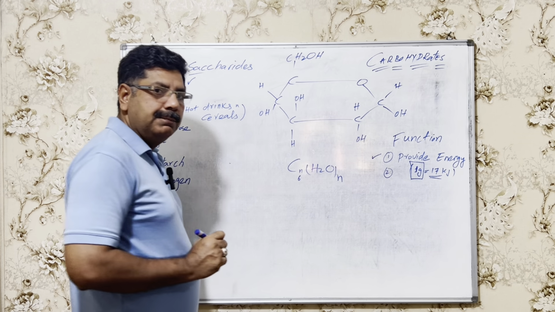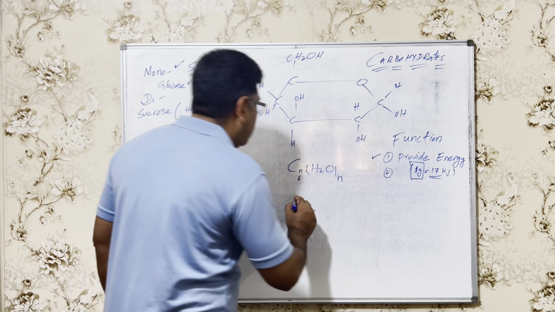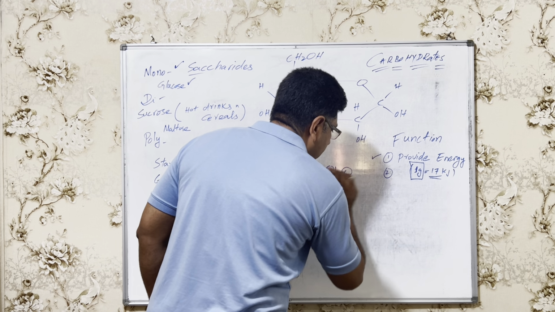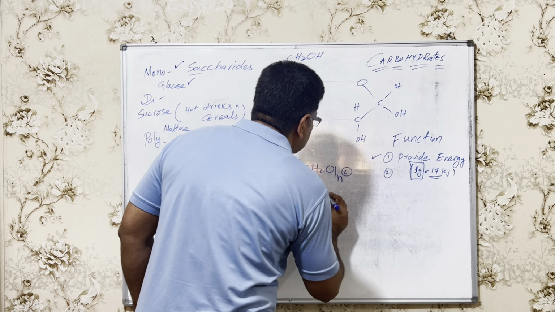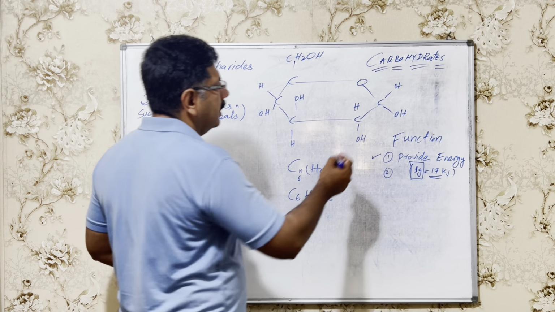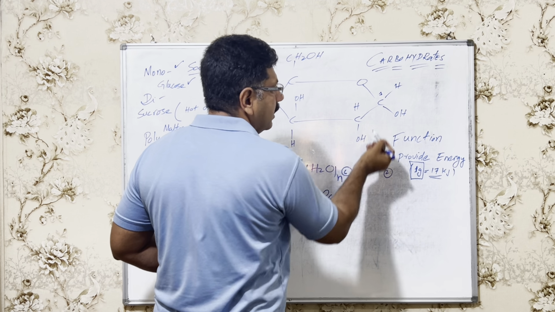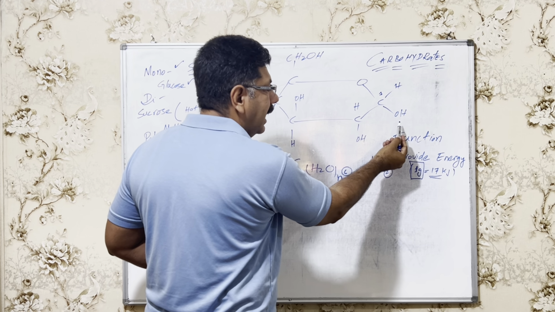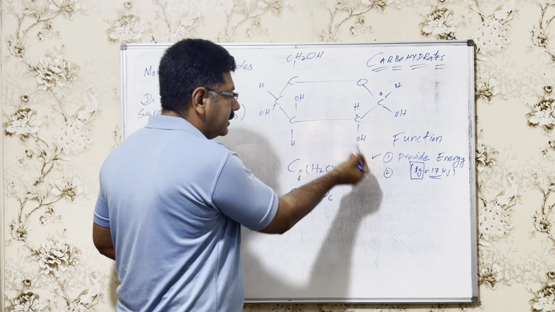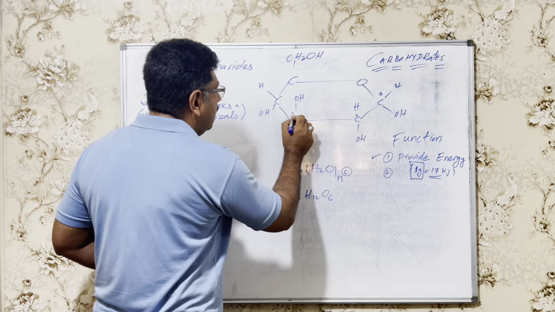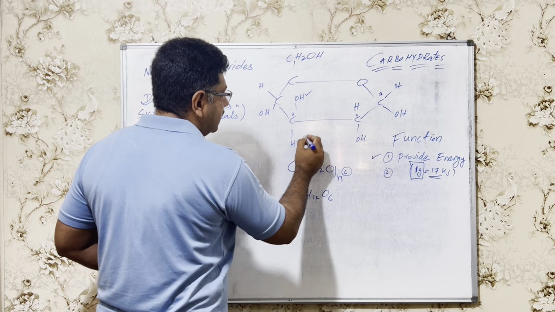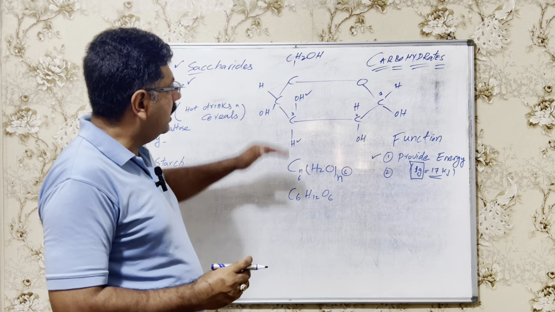So when there are 6 carbons, it is C6H12O6. Structurally, carbon number 1 has a hydrogen and hydroxyl bond. Carbon number 2, hydrogen and hydroxyl bond. Carbon number 3, the position of the hydroxyl bond is changed, and the hydrogen bond is down and up.